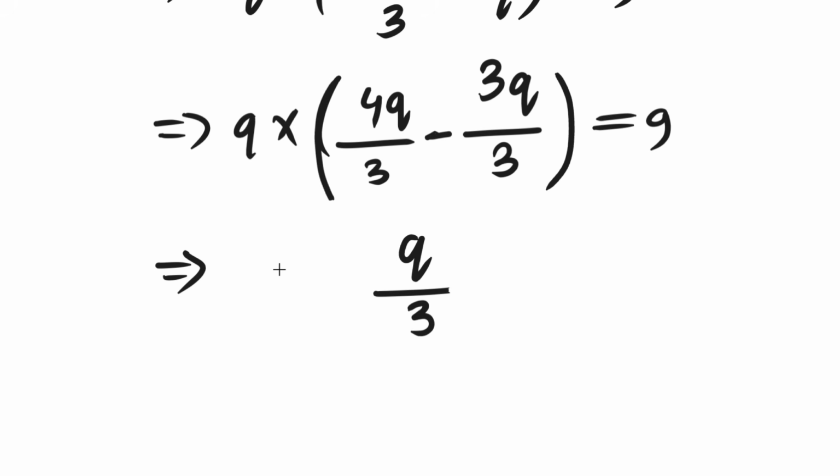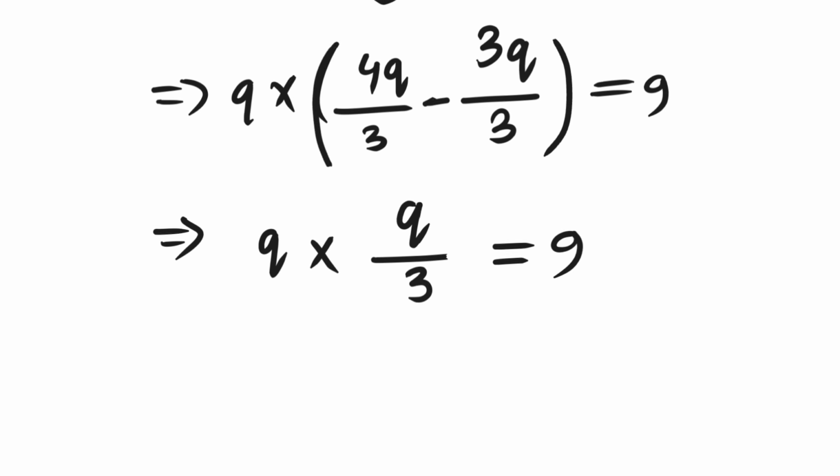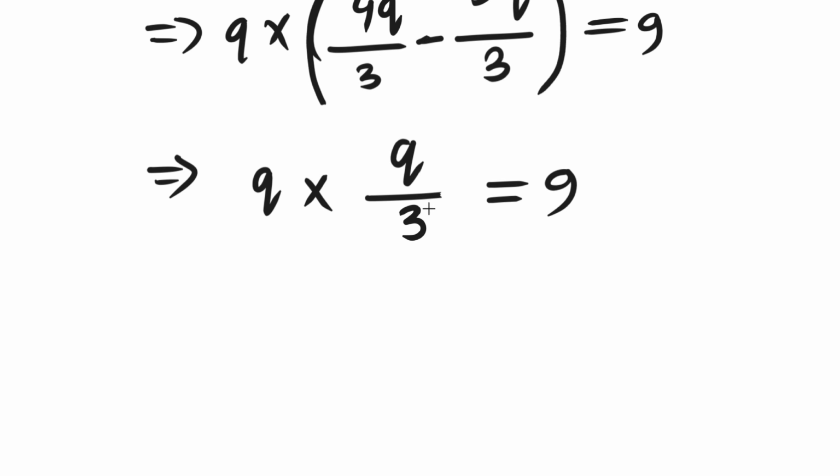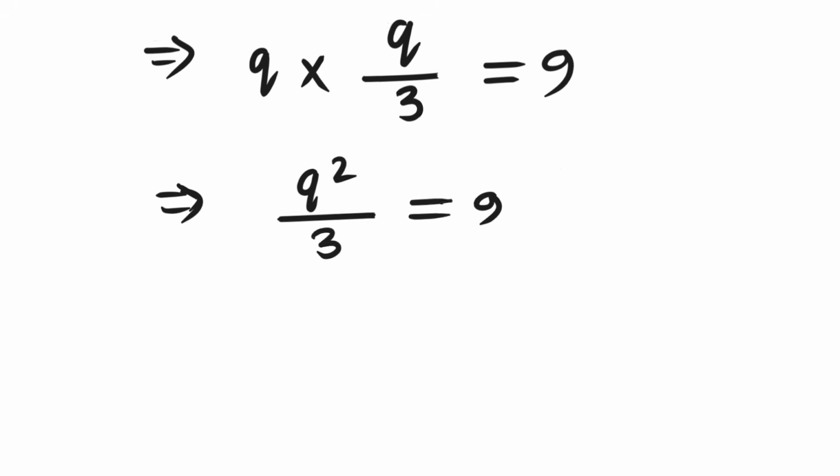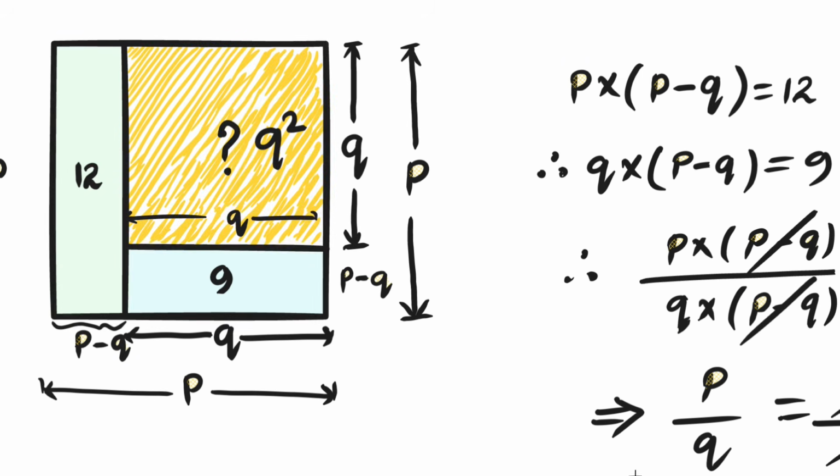So our equation becomes q multiplied by q divided by 3 equals 9. When we multiply q by q, we get q squared. So we have q squared divided by 3 equals 9. Now, we want q squared by itself, because remember, q squared represents the area of the small square.